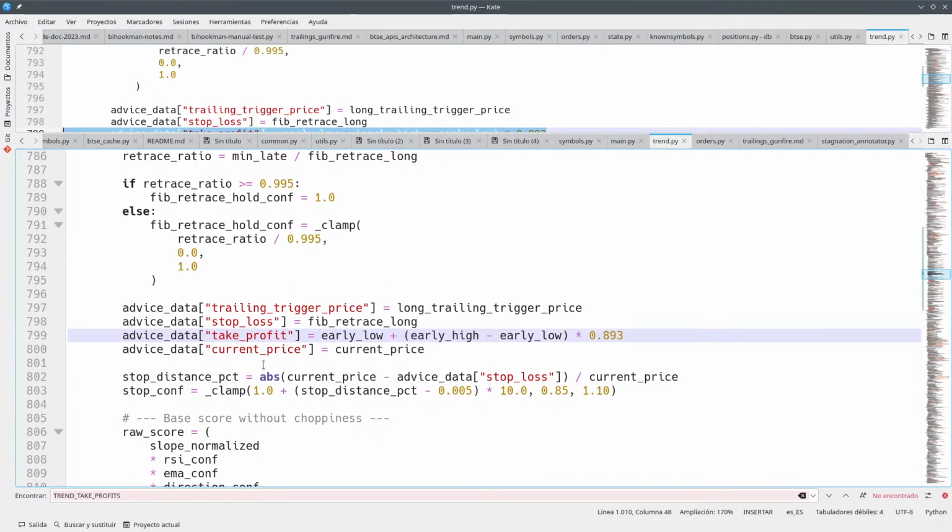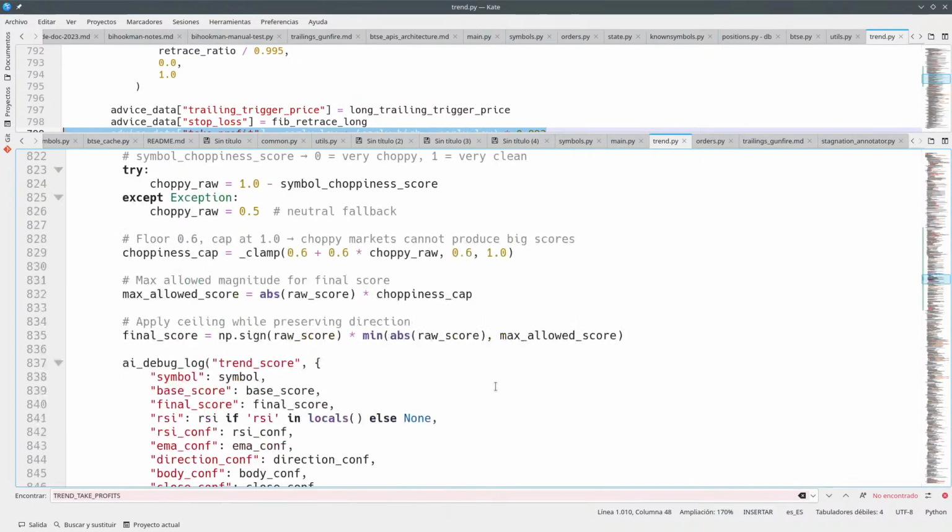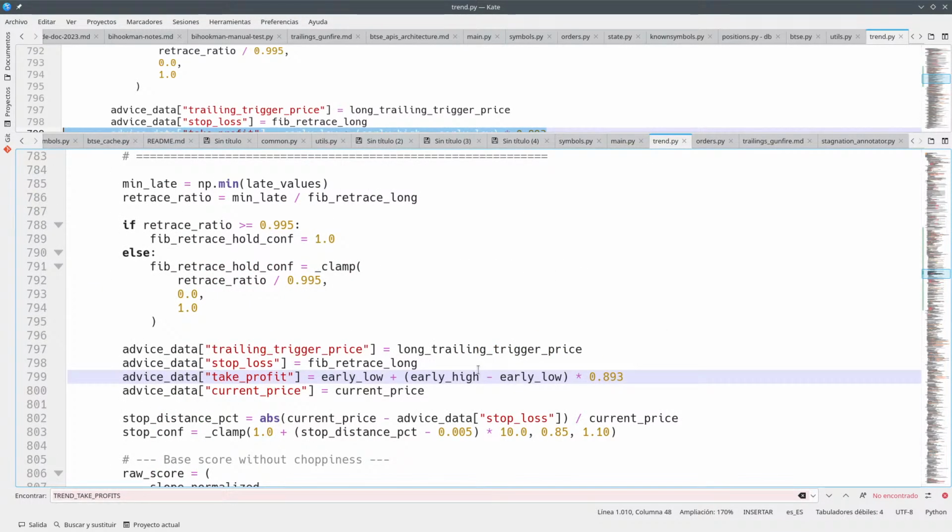So I wonder if this is wrong. If this is wrong, and that's it. Because the current price. So look at that, stop distance on whatever. Early low, early high, early low, this thing here.